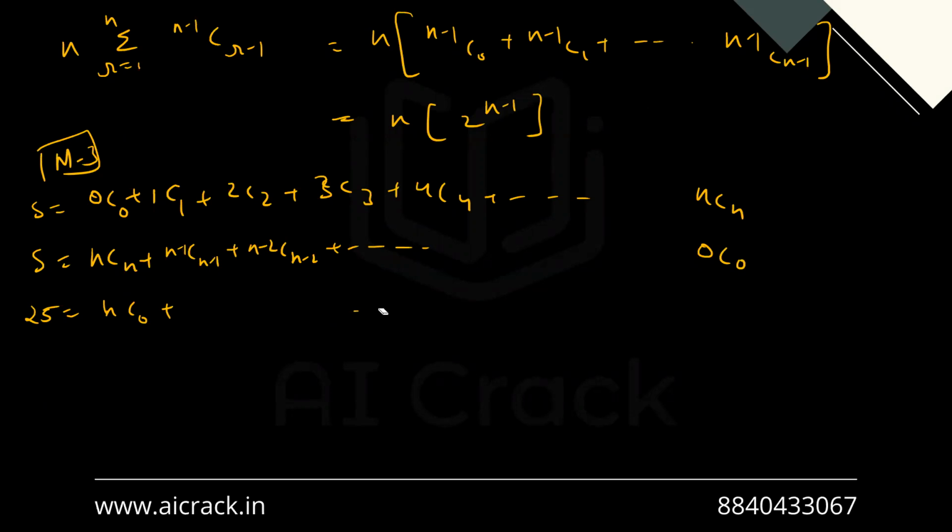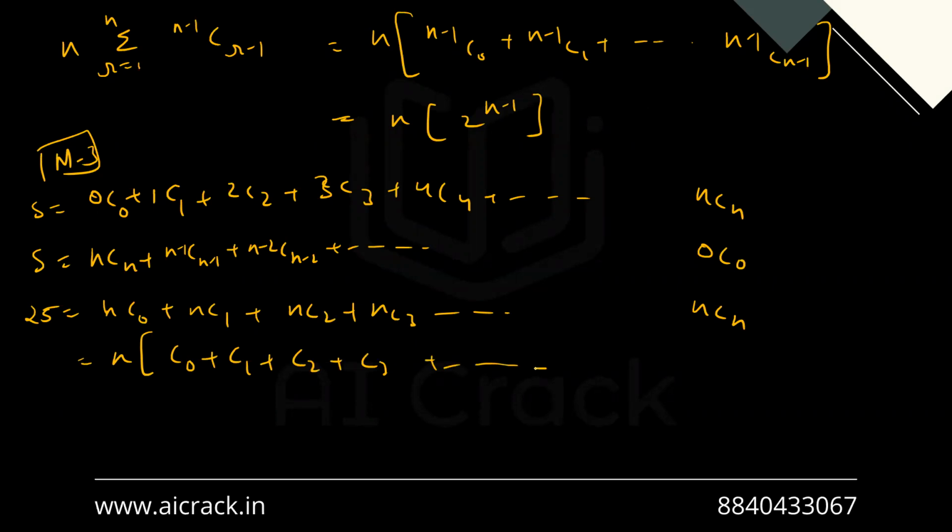Similarly, we'll get, you can see that the summation is n only over here. I can write it as n C1 plus n C2 plus n C3 till n Cn. Okay, this is n times C0 plus C1 plus C2 plus C3 till Cn. So this is nothing but n times 2 raised power n.